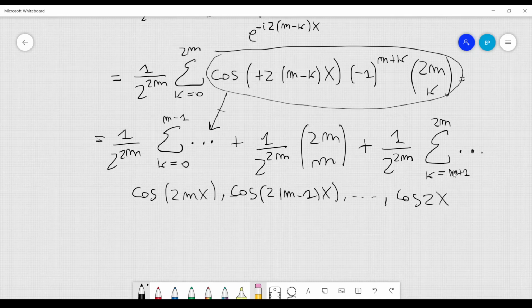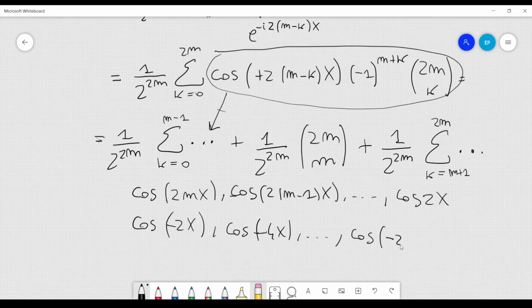For example, when I set k equal to m plus 1, I will have cosine of minus 2x, and then when I set k to m plus 2, I will have cosine of minus 4x, and then I will go all the way up to, when I set k equal to 2m, cosine of minus 2mx. But this is equal to the cosine of 2mx. This is equal to the cosine of 4x, and so on and so forth.